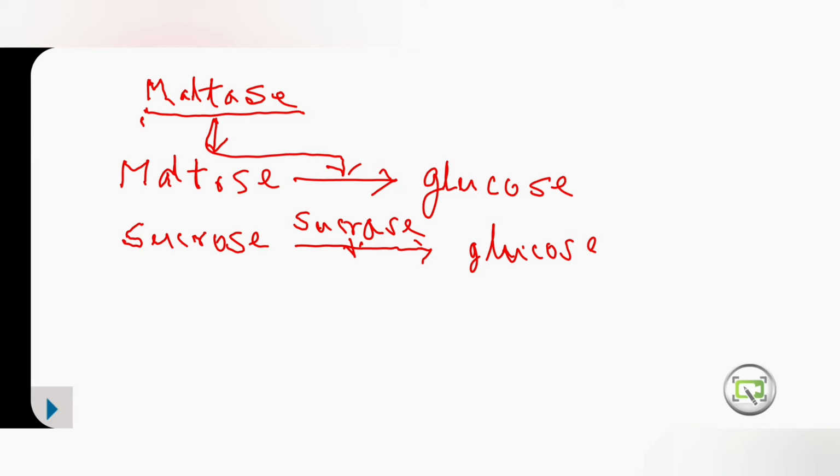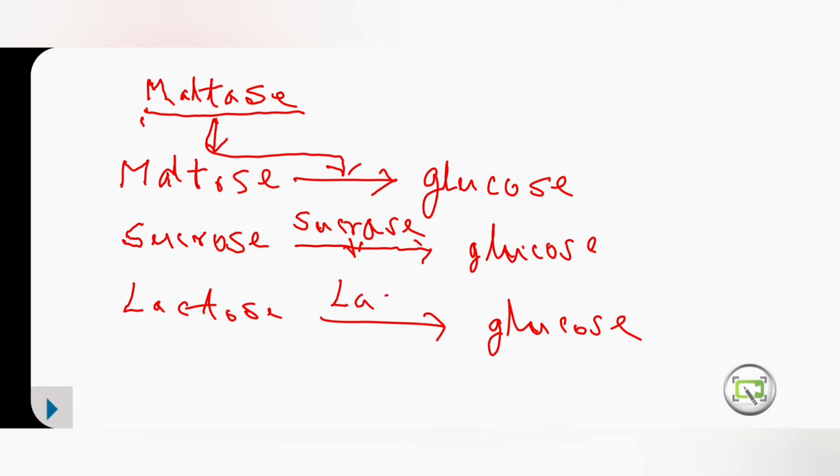Which sugar is called milk sugar? Lactose. This lactose is converted into glucose by the action of, I think you have guessed it, none other than lactase.